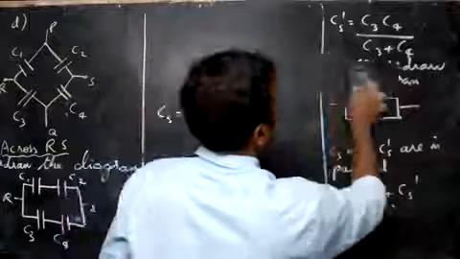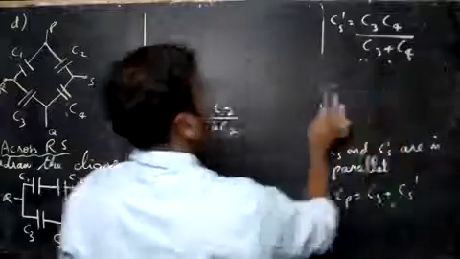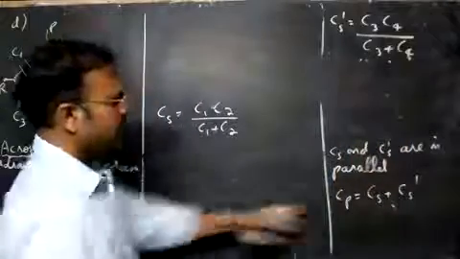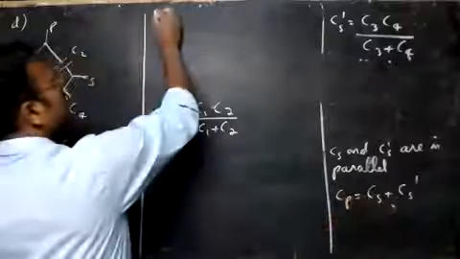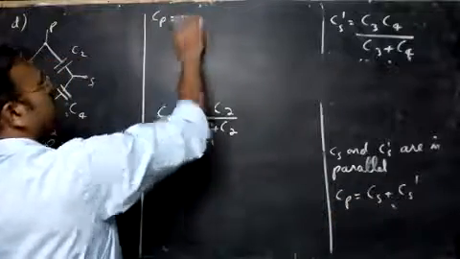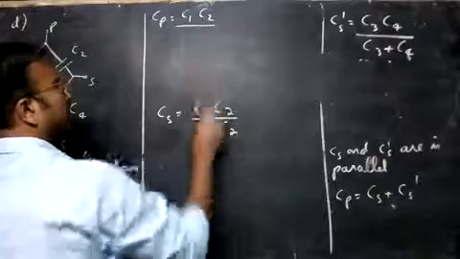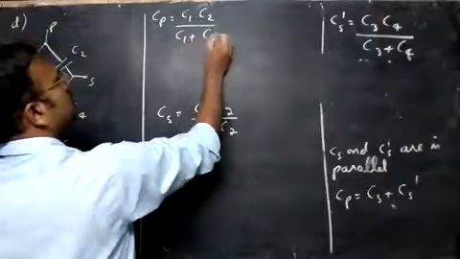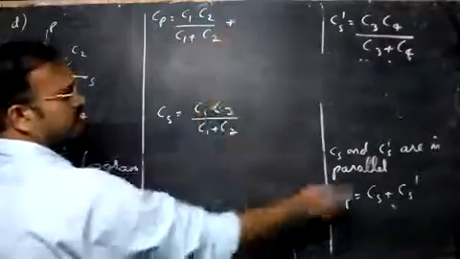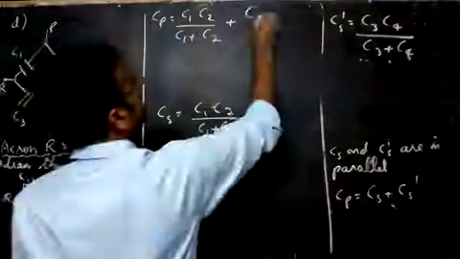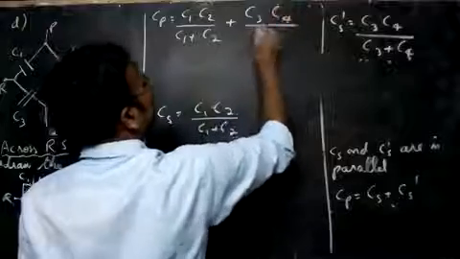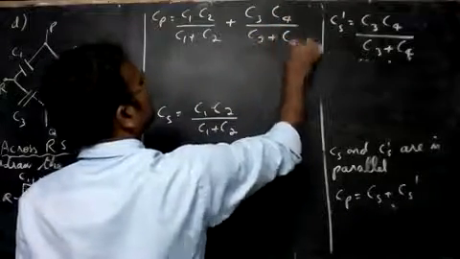Now see here, CP is equal to CS plus CS dash. So CP, the capacitance in parallel, is equal to CS, which is C1 C2 divided by C1 plus C2, plus the second one, CS dash, that is C3 C4 divided by C3 plus C4.